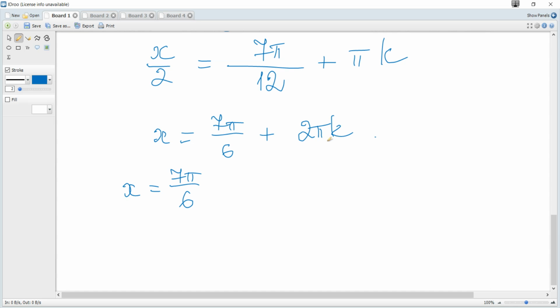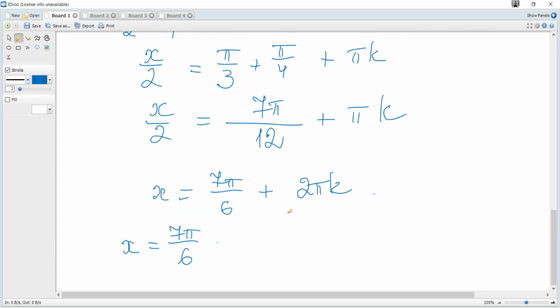And when k is negative, for example, negative 1, definitely x is negative, so such x values will not be from the required region. So there are no solutions for k negative. When k is 1, we get 2 pi plus something, definitely greater than 2 pi, so there are no solutions for k 1 or greater. So there is only one solution. x is 7 pi over 6, and that's all for this question.